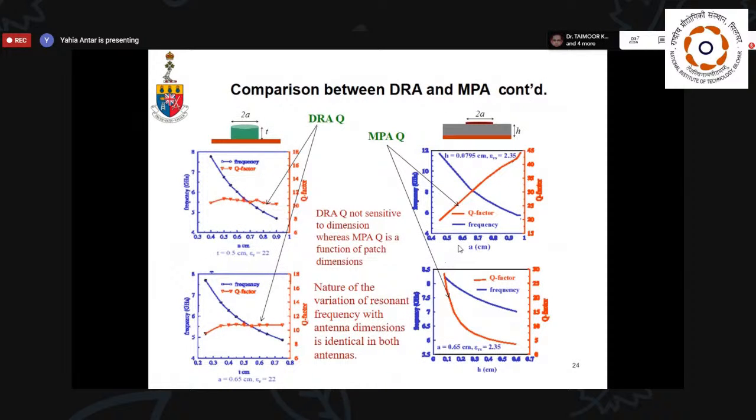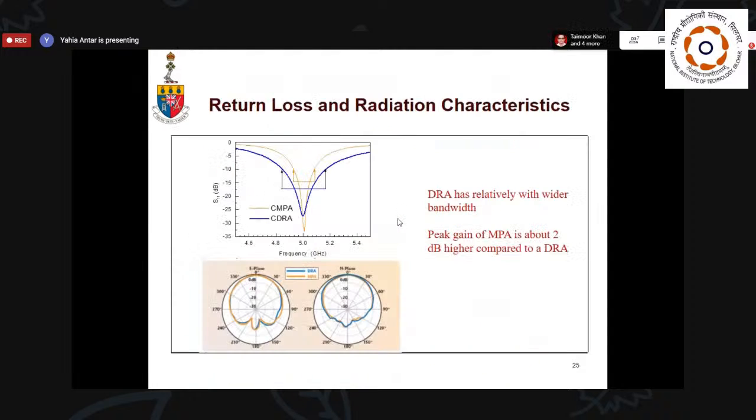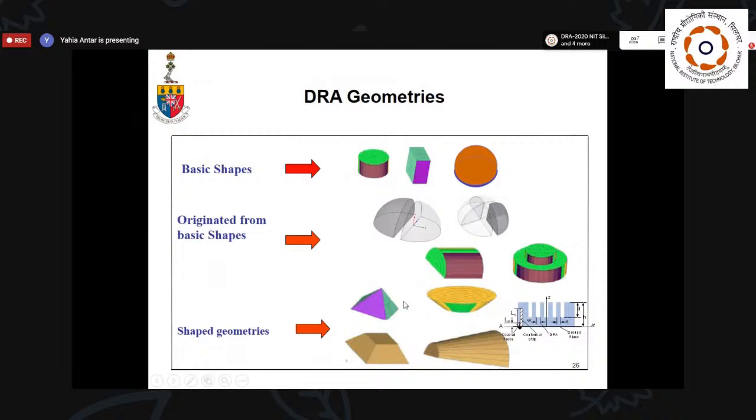You can see the comparison between them for the various Q and the various modes, and DRA actually gives you quite a bit of freedom in the fact that you have more modes than anything. And this is basically the microstrip and the DRA, and you could see the advantage of the bandwidth and radiation the same. Various geometries, and you can shape them in the way you want.